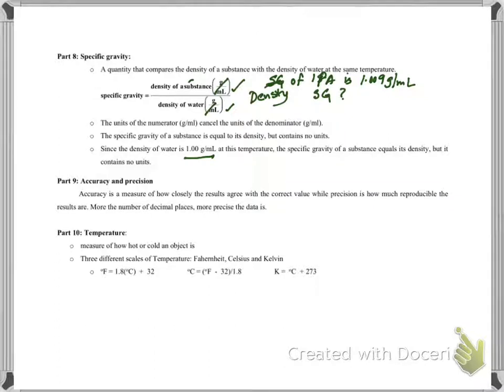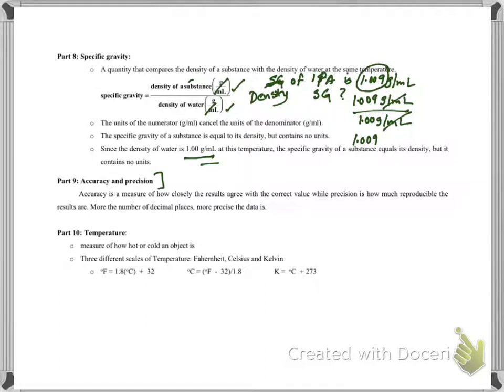So all you have to do is take the density of the substance, which is 1.009 grams per ml, divided by the density of water, which is 1.00 grams per ml. These will cancel out. So your answer is 1.009. So you always have to write down this answer, but with no unit.